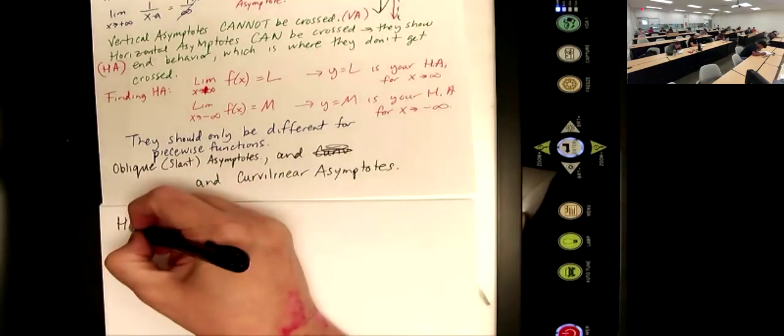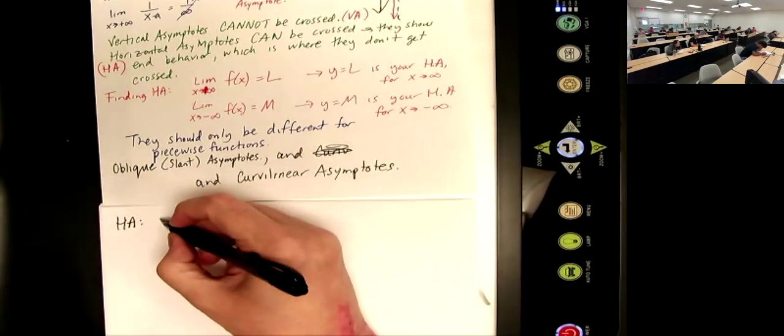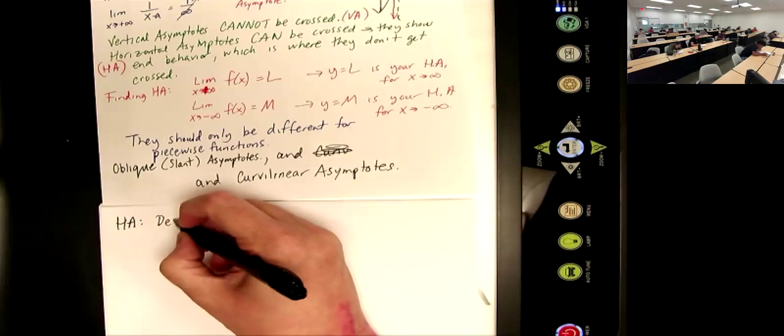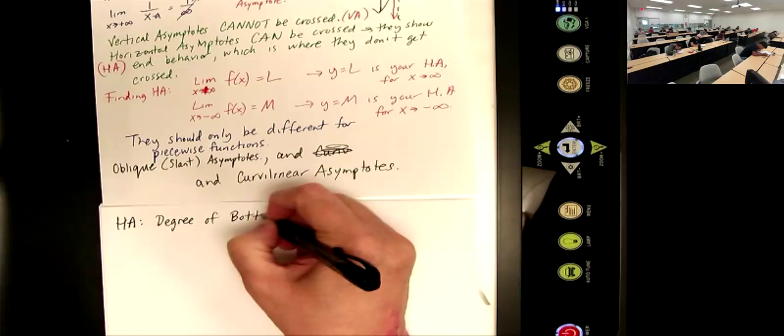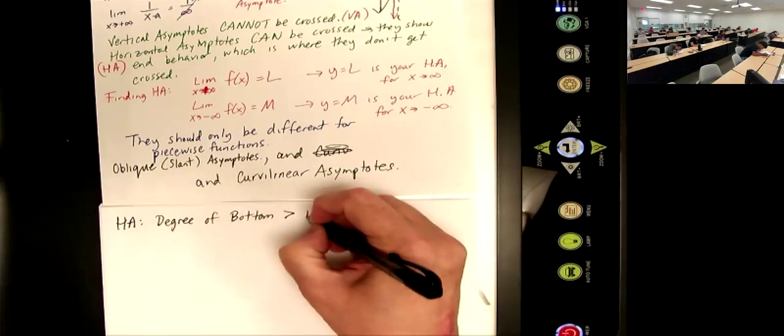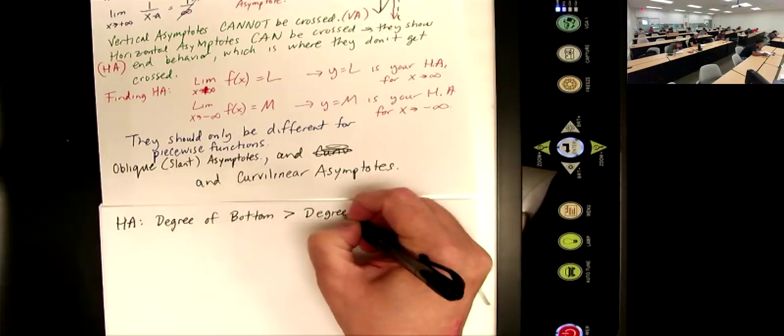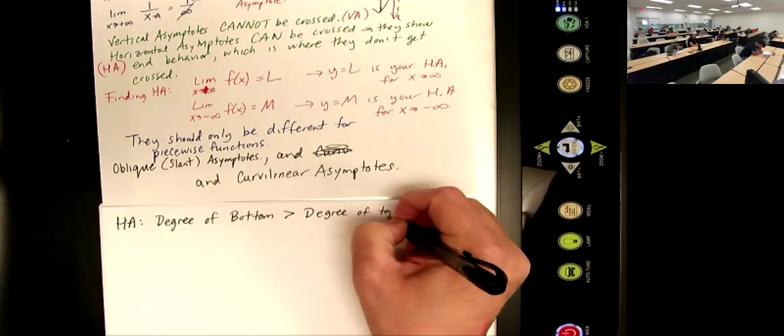So horizontal asymptotes depend on the degree of the denominator. The degree of the bottom is greater than the degree of top.